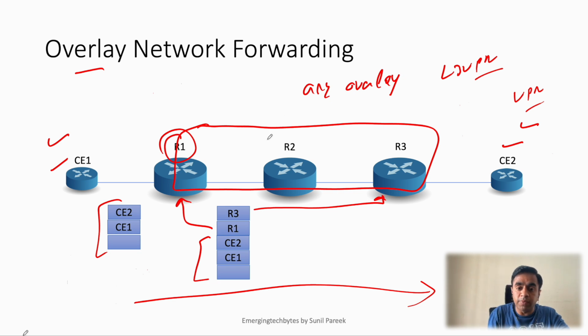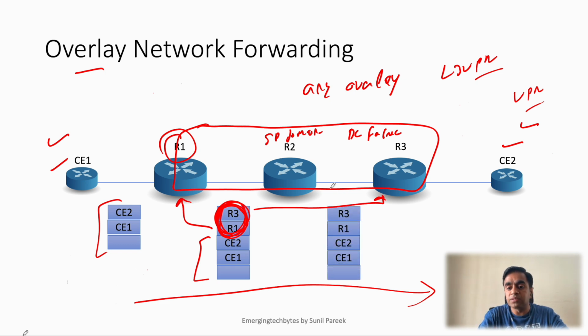And in this SP domain, or you can call it any overlay network or even DC fabric, data center fabric, forwarding happens based on this outer packet only. So R2 will simply look at R3 and will send this packet in this direction.